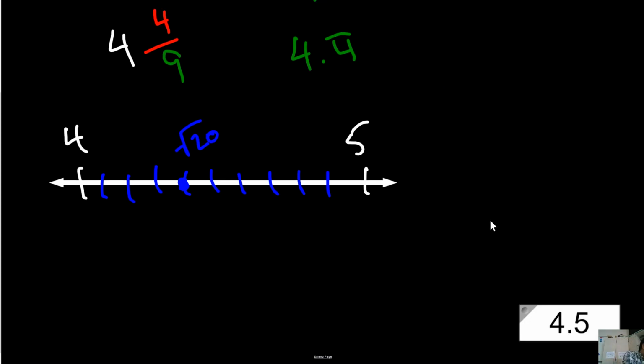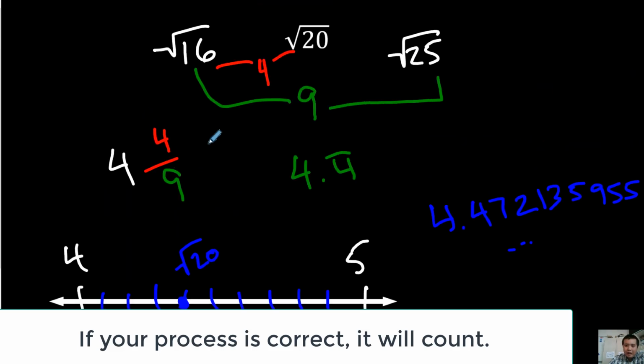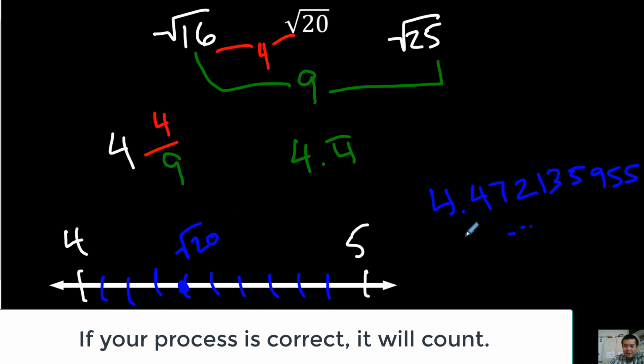The actual answer overall is actually 4.47, 4.472135955, dot dot dot. Okay. So again, I'm not going to be worried too much about it as long as the methodology works. It is pretty doggone close, using this method. All right.